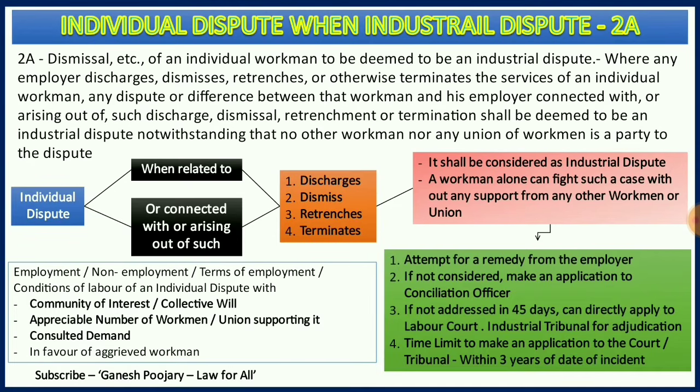Now I am giving certain additional information which is in the green box. Remember, if you want to go for a remedy with the employer for an individual dispute which has all the content required for industrial dispute as discussed under section 2A, then first you have to attempt for the remedy from the employer. You need to make an application to the employer to give remedy to you.